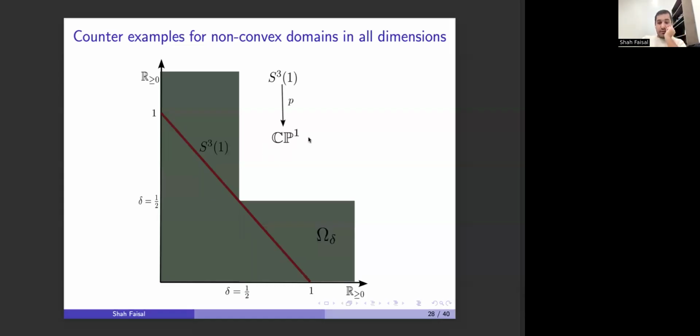And so if I take an embedded closed loop on CP1 and I lift it, take the inverse image under P, then that gives me an embedded torus in S3. So it's a Lagrangian torus in S3. Well, it's a Lagrangian torus in the unit ball, which is contained in the boundary, which is S3. But I take the loop such that it bounds an area equal to half of the total area.